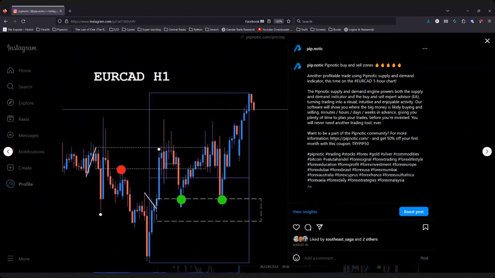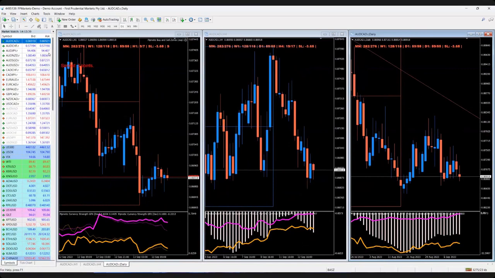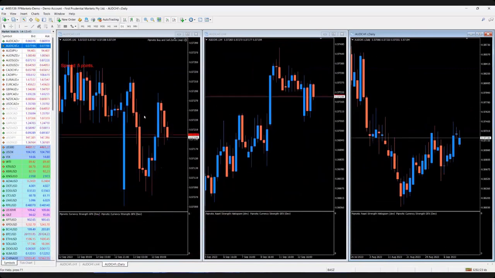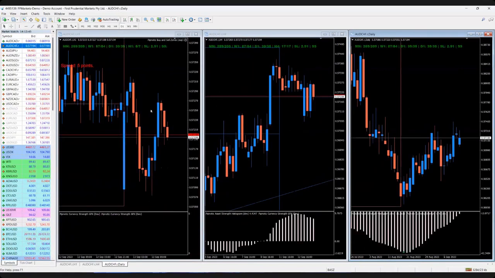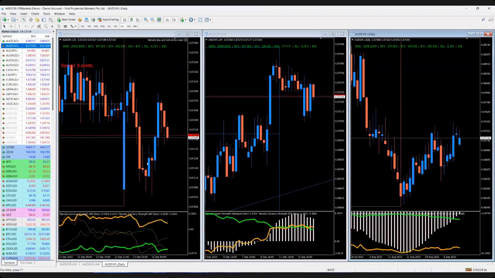One of the traits is that we want price to come back to these zones within 20 periods. I mean, maximum 20 periods. This is because, assuming that this is a zone just here, price has left.